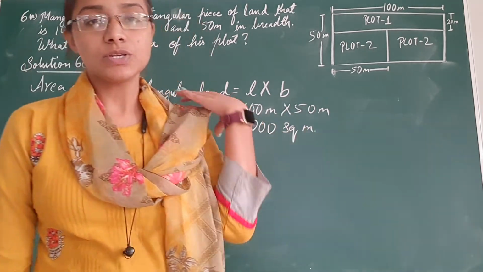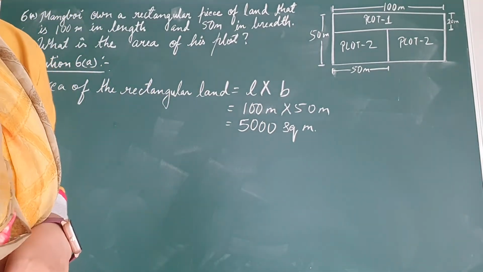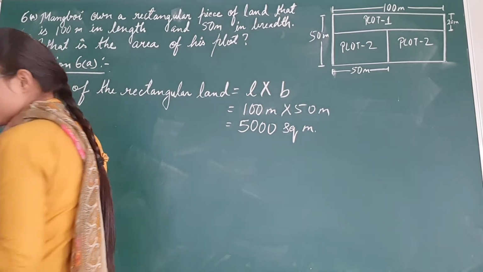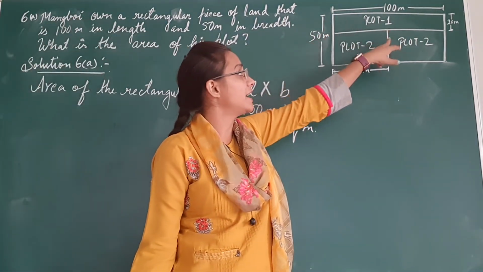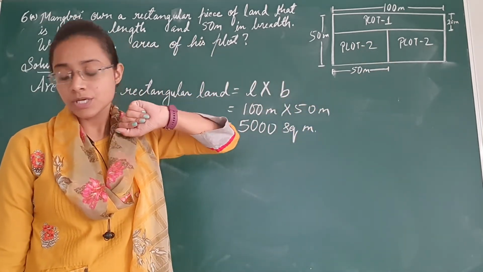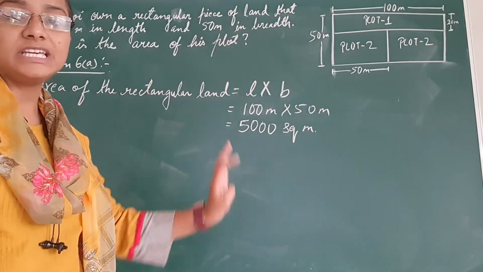In the next question, it has been given that he decided to divide his land into 3 plots as shown. So we have to find out the area of each plot.